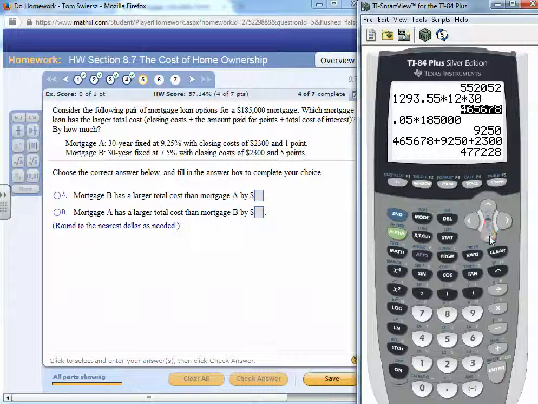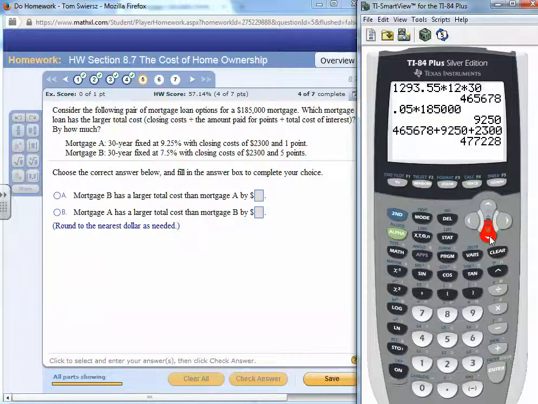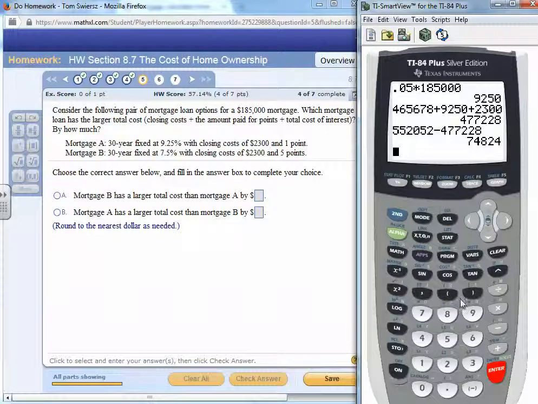So we find the difference. Mortgage A was $552,052 minus mortgage B, $477,228.